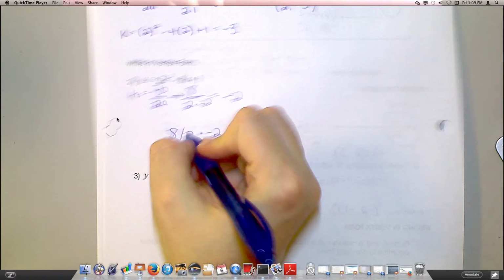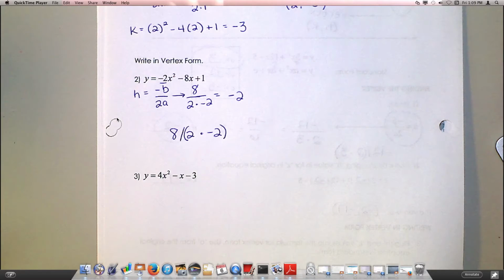I want to do 8 divided by both of these, so those need parentheses. And that, you get -2.